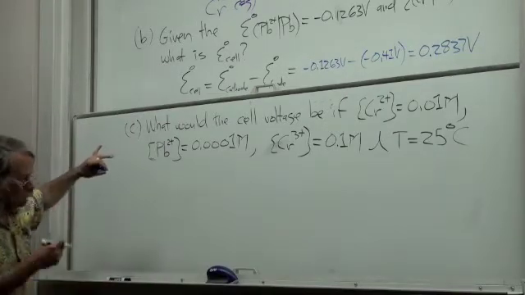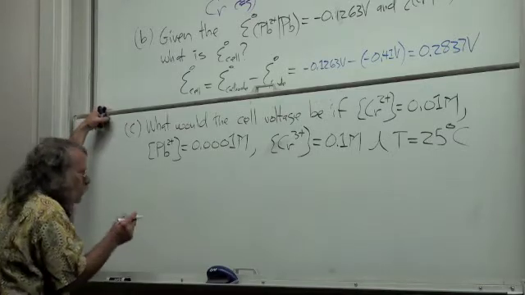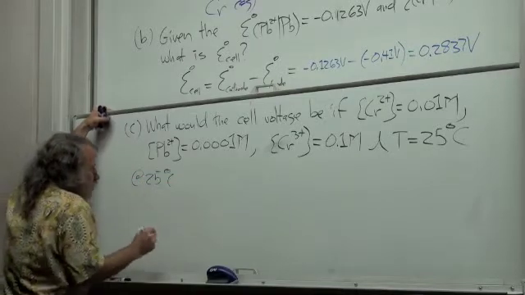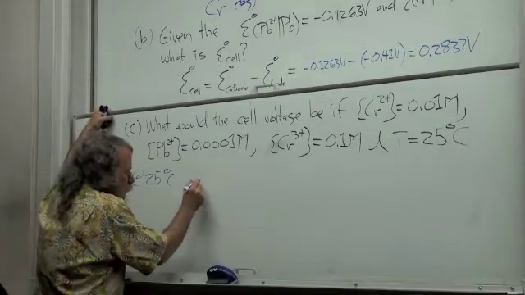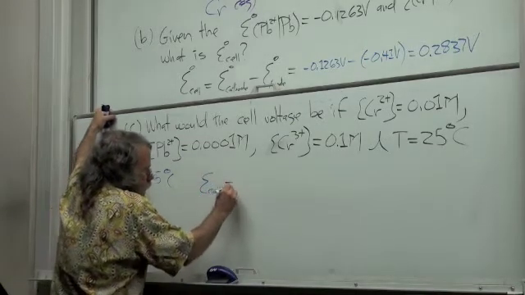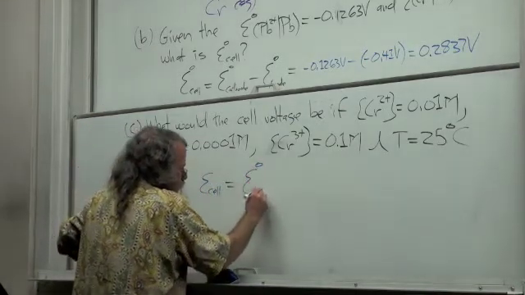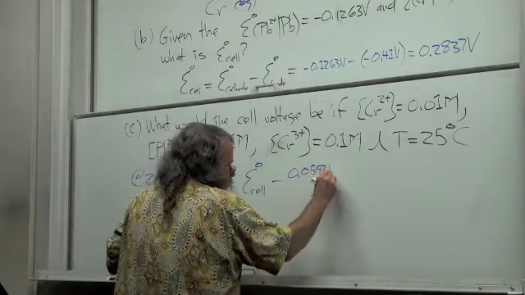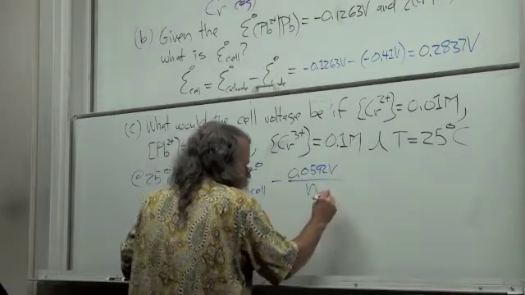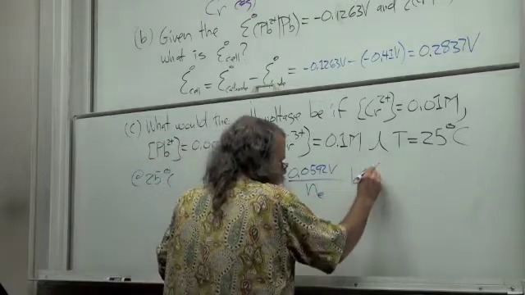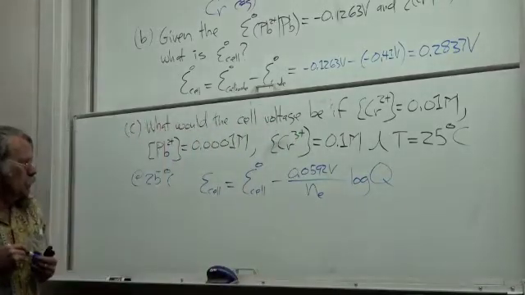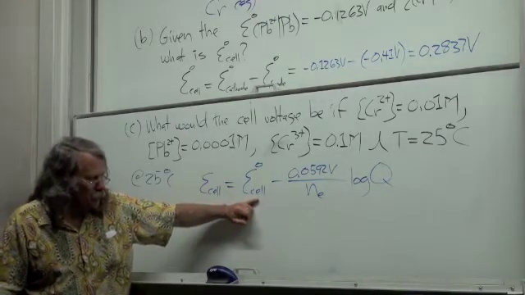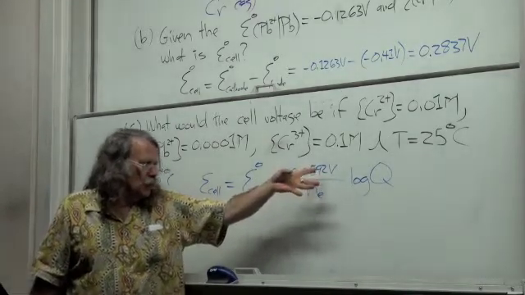Okay, now at 25 degrees Celsius, the Nernst equation takes on the following form. The cell potential is the standard cell potential minus 0.0592 volts.